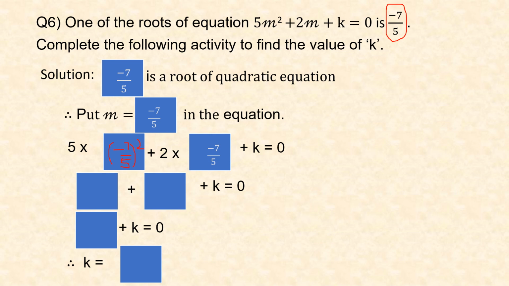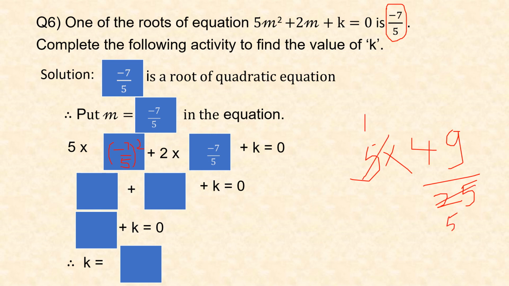Here 5 into minus 7 upon 5 square means 49 upon 25. 5 ones are 5, 5 fives are 25.